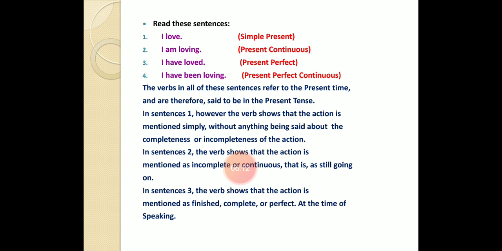So the verbs in all of these sentences refer to the present time and are therefore said to be in the present tense. In the first sentence, however, the verb shows that the action is mentioned simply, without anything being said about the completeness or incompleteness of the action.